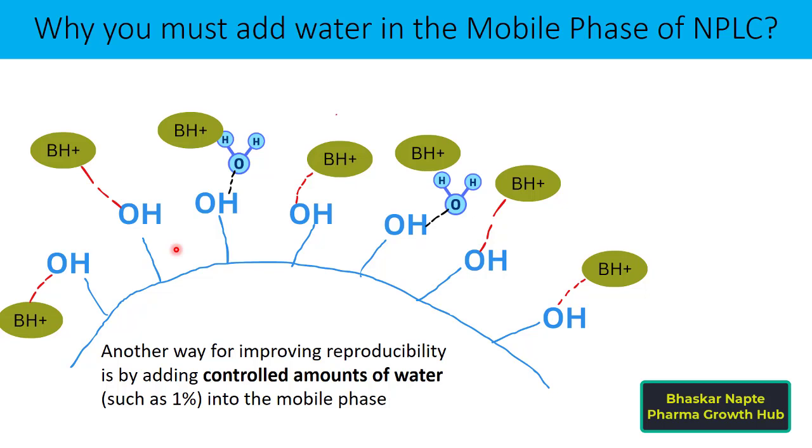Once you add this little amount of water, maybe 1% or 2%, there is a fixed amount of water present, and because of that there will be a fixed amount of deactivation of these silanol groups. So you may end up with a little less retention time, but now your retention time is going to be more consistent and reliable.